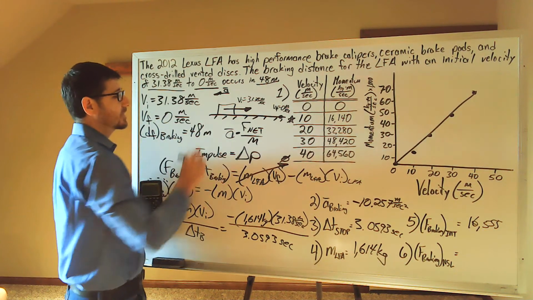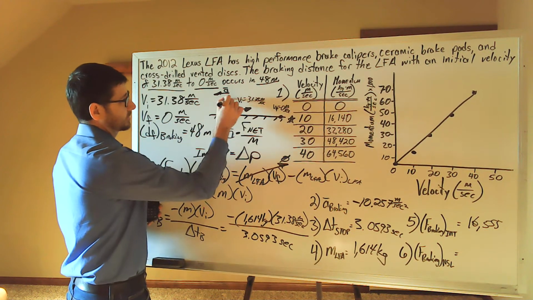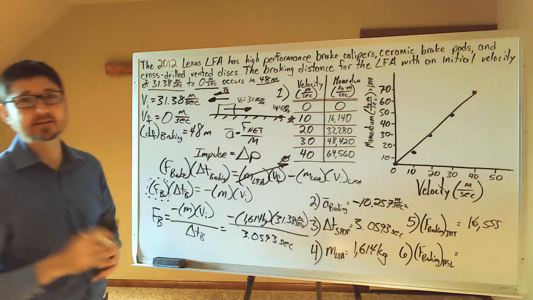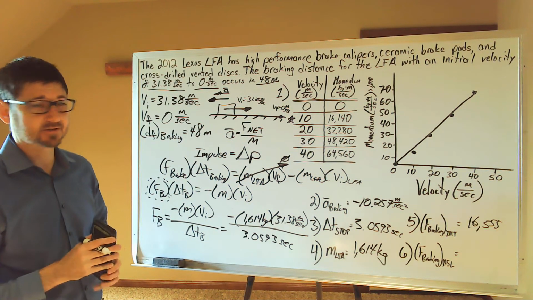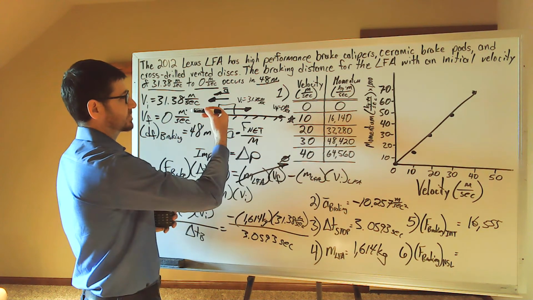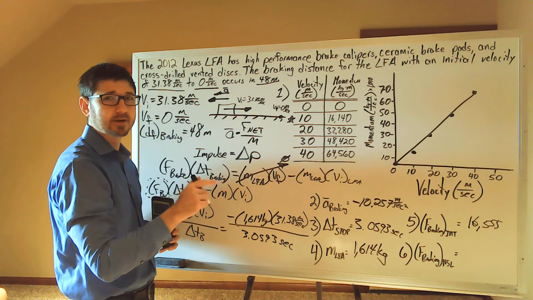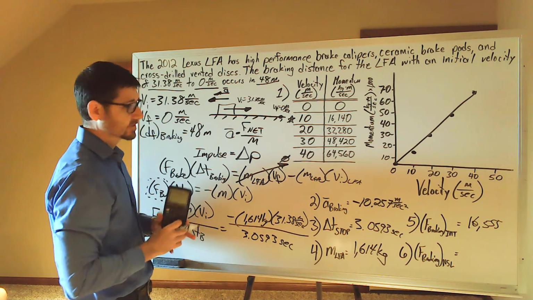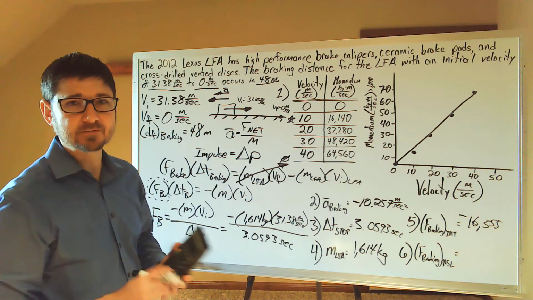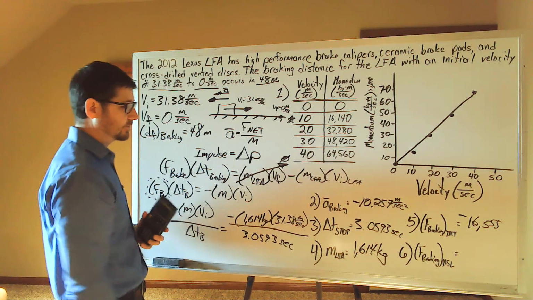So, our net force vector, this is the force of braking, will also be pointing in a negative x direction. So, our net force applied to our car is in the negative x direction, therefore our acceleration is also negative. So we have a negative 16,555.